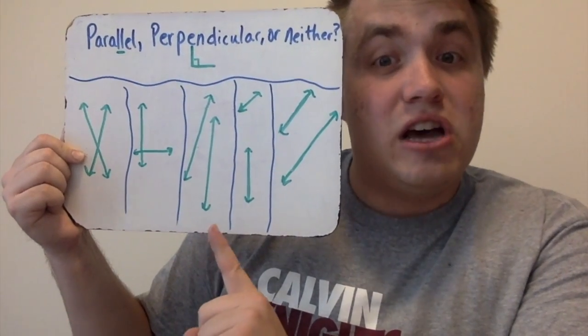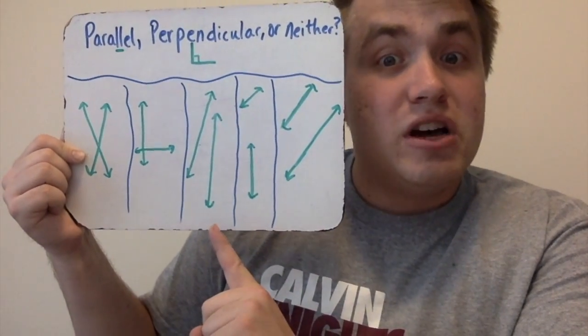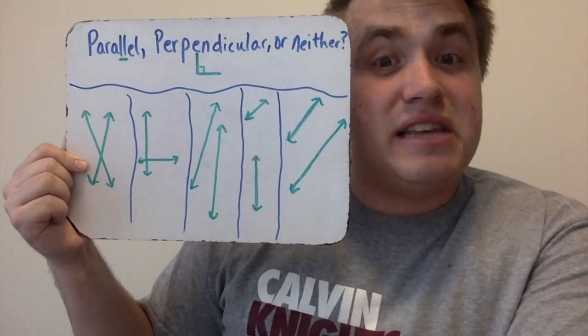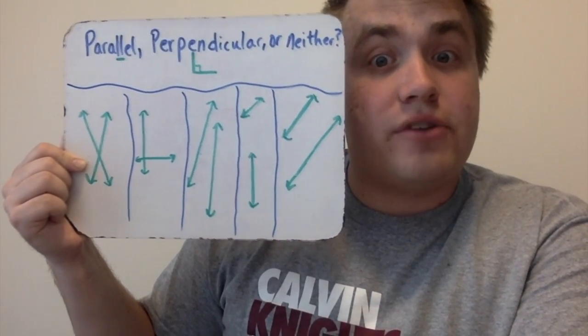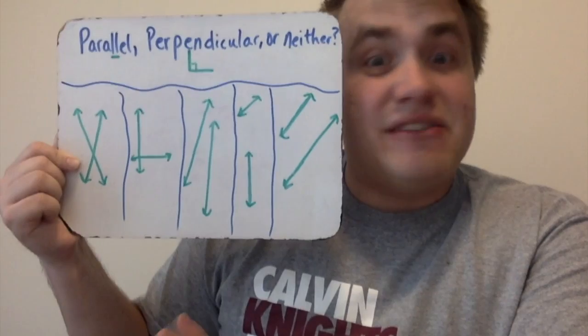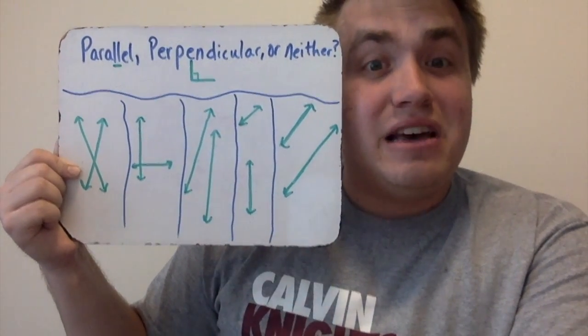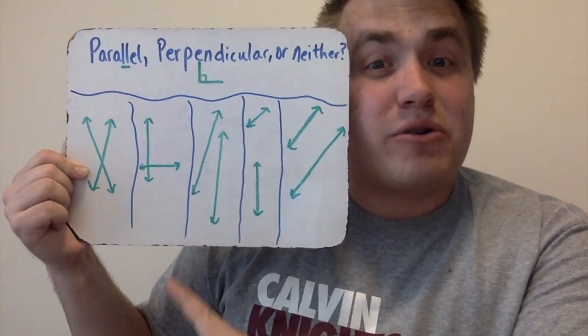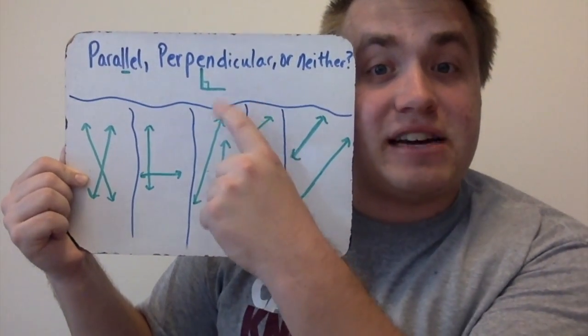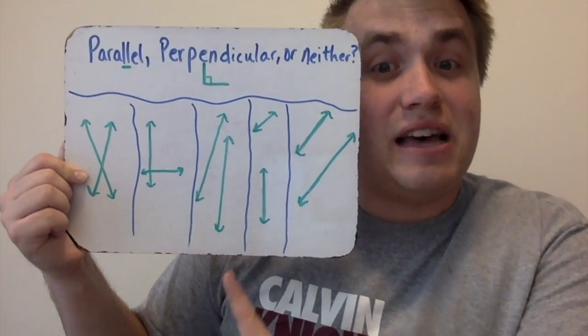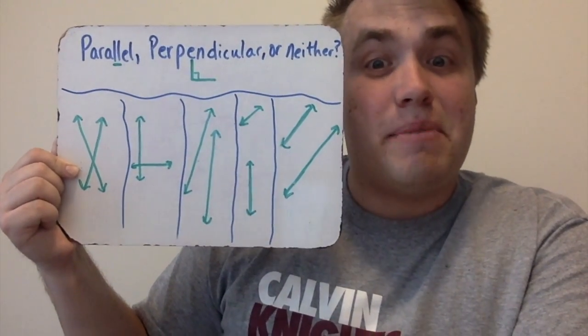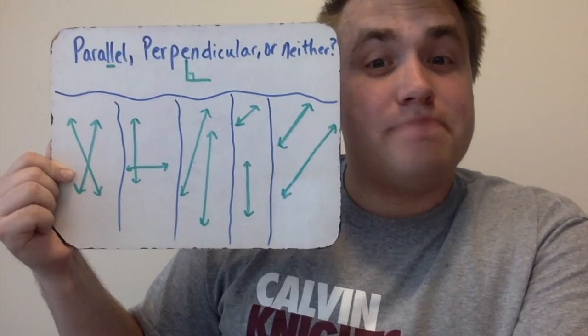Now, just because they're not touching each other here doesn't mean that at any other place they might not come in contact with each other, okay? If the lines come in contact with each other at any single point, they are no longer parallel, okay? So since these two lines would come in contact with each other right up here, I'm going to say that these two lines here are not parallel or perpendicular.